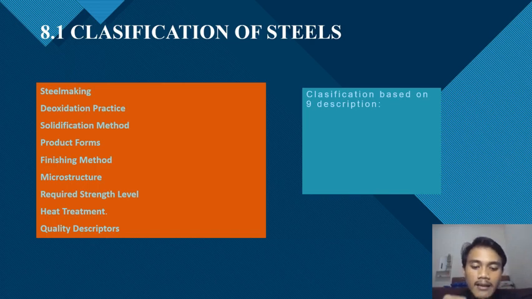And steelmaking can be broadly classified into 2 steps: primary steelmaking in a converter or furnace, and secondary steelmaking in a ladle. The 2 most important steelmaking processes are the electric arc furnace, or EAF process, and the basic oxygen furnace, or BOF process, also called LD, the Linz-Donawitz process.